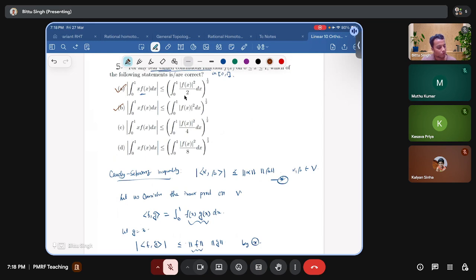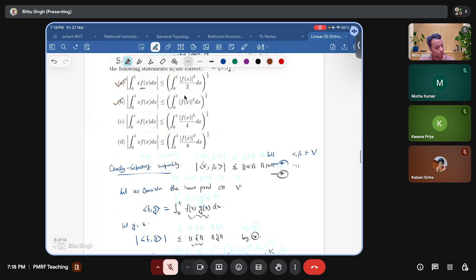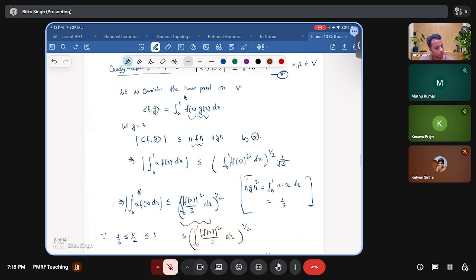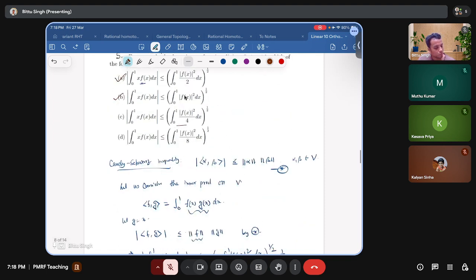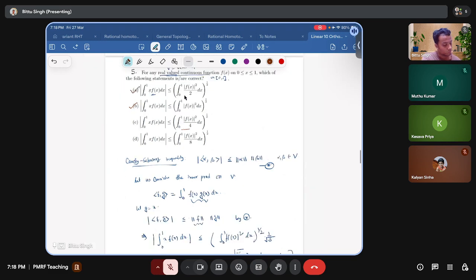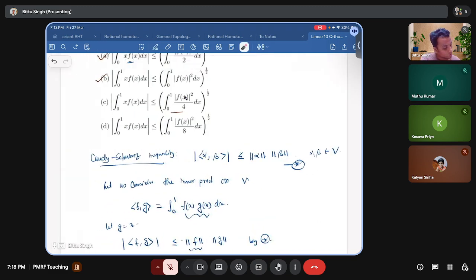So, 1/4 is less than or equal to half. Now, is there any possibility of having this kind of inequality? Using the Cauchy-Schwarz inequality, we can prove those two, A and B. But what about C? Is there any other method by which you can conclude C or D? So recall that the Cauchy-Schwarz inequality does not stop here.